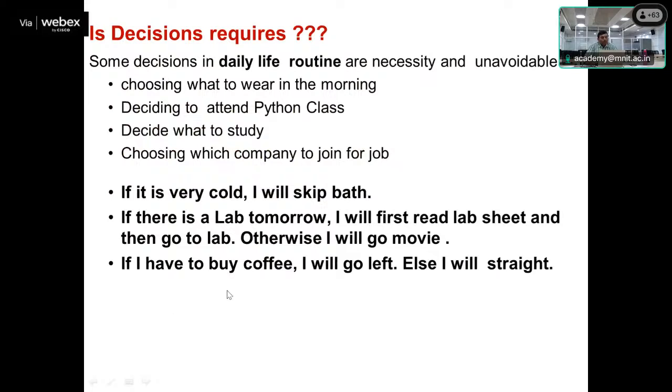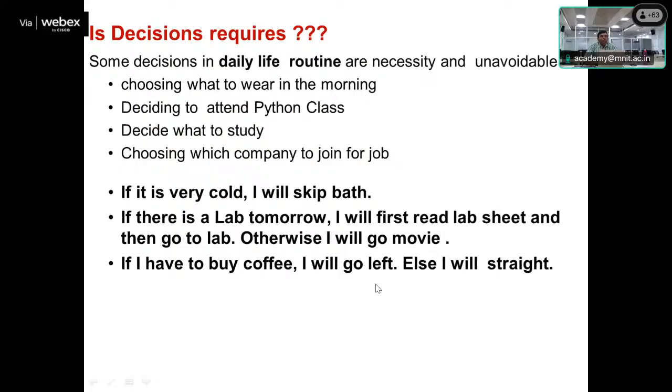If I have to buy coffee, I will go to the shop, else I will go straight to my house. This is also one kind of decision, where I have to decide to go left or go straight.